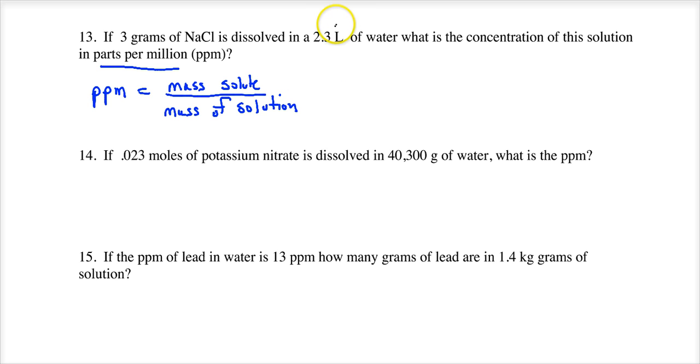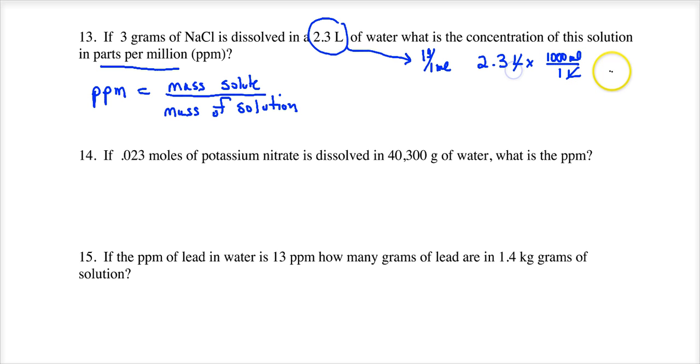So I have 2.3 liters of water, and I know that the density of water is 1 gram per every 1 milliliter. So 2.3 liters, liters goes on the bottom, and there are 1,000 milliliters for 1 liter.